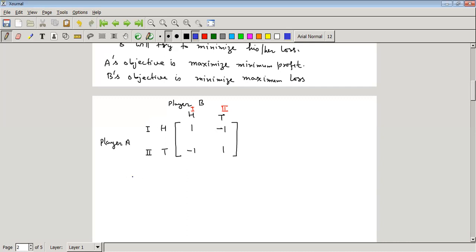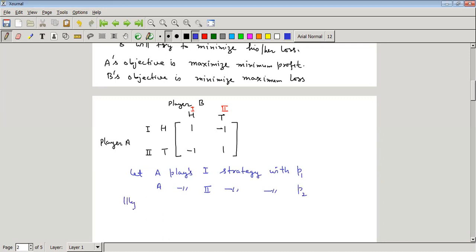So let A play the first strategy with proportion P1. It means A plays the first strategy P1 of the time, and A plays the second strategy with proportion P2.